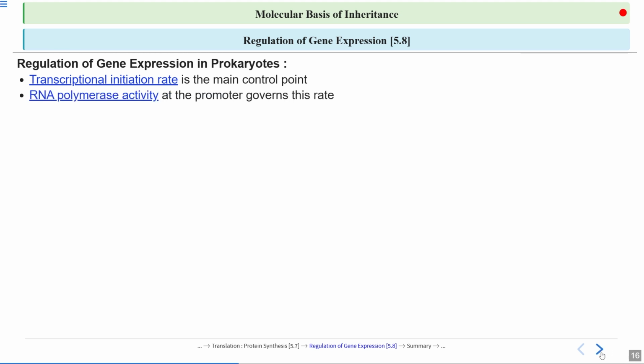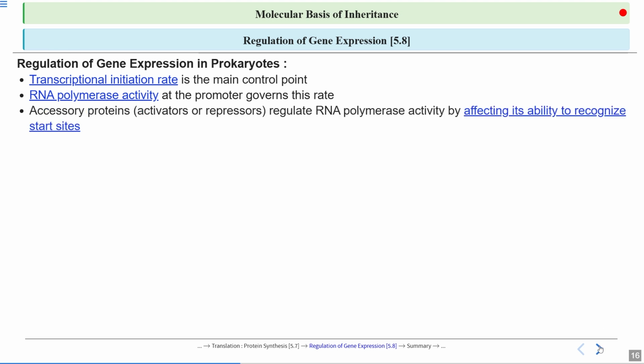Who governs this transcriptional initiation rate? It is governed by RNA polymerase activity at the promoter. We have studied transcription, how RNA polymerase goes and binds to the promoter site. This activity governs the transcriptional initiation rate.